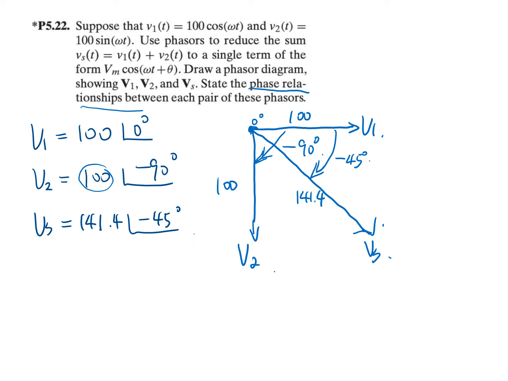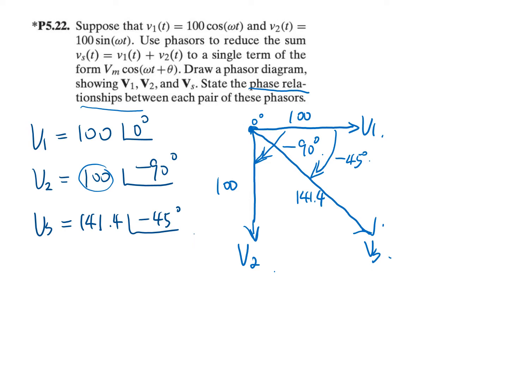Well, first let's observe the relationship between V1 and V2. V2 has an angle of negative 90 degrees with V1, which means that V2 lags V1 by 90 degrees.